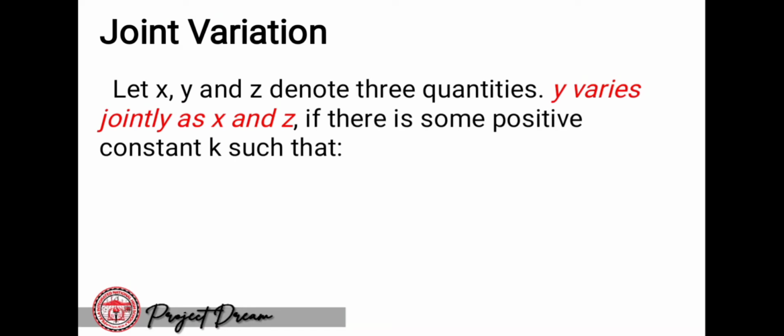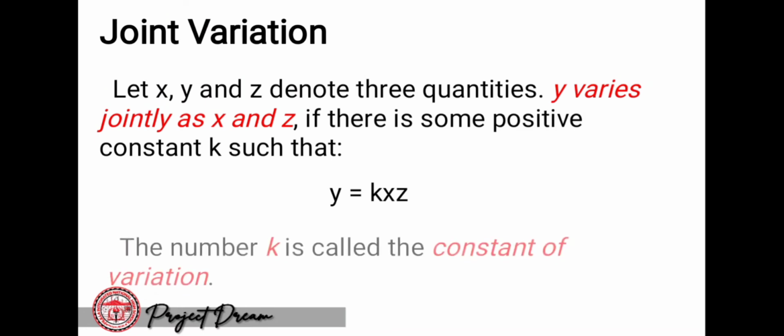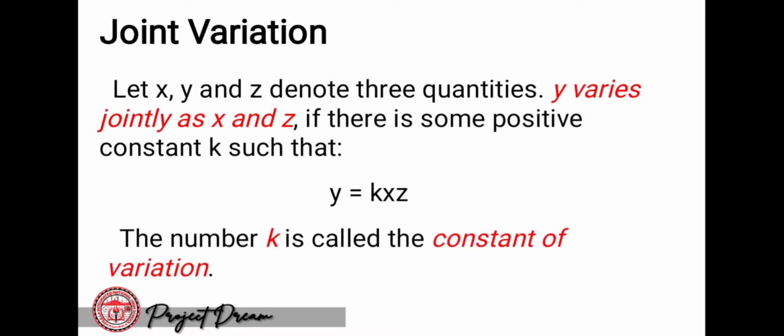Y varies jointly as X and Z if there is some positive constant K such that Y is equal to KXZ. The number K is called the constant of variation.